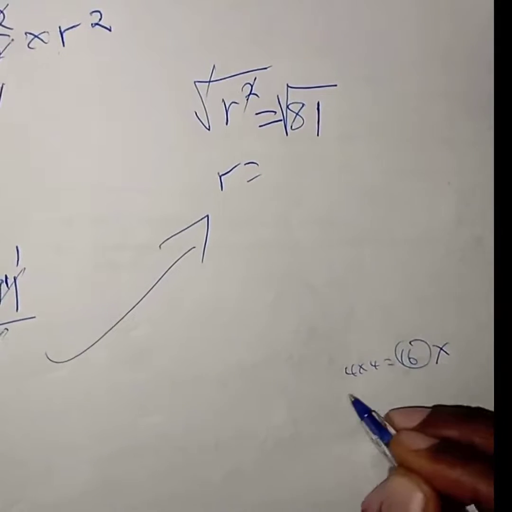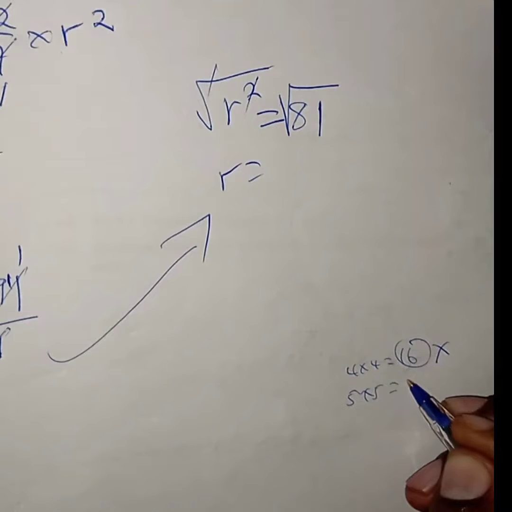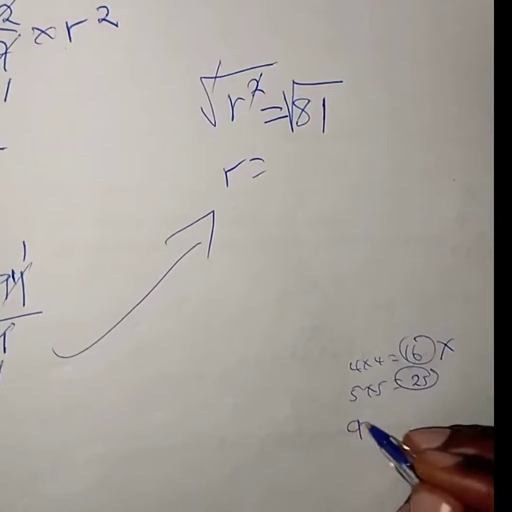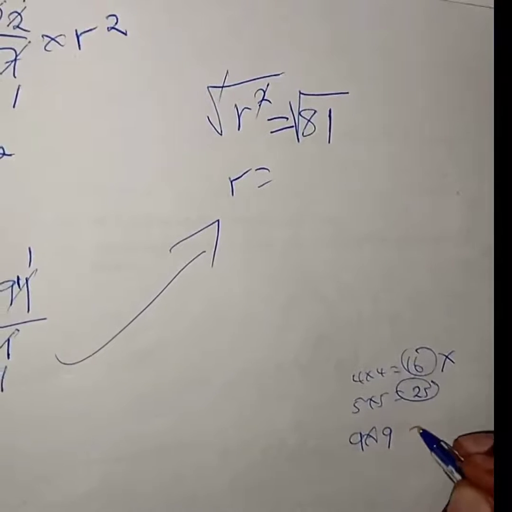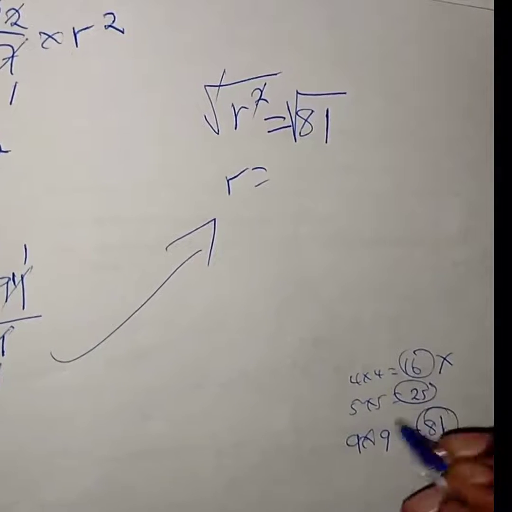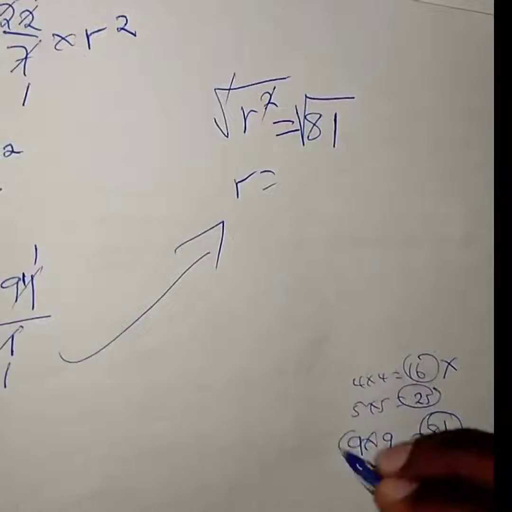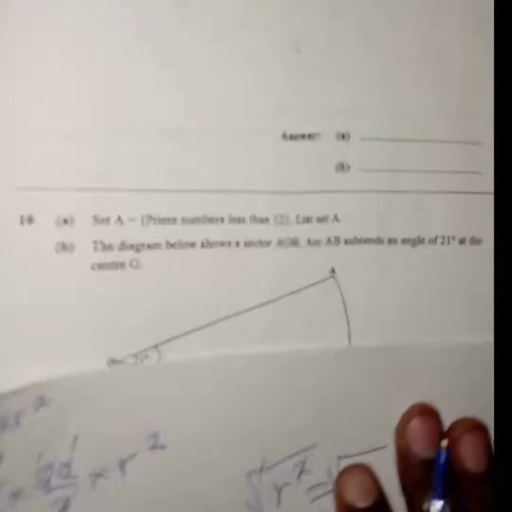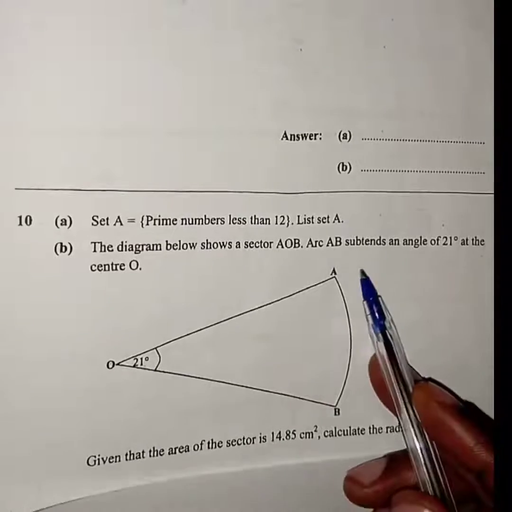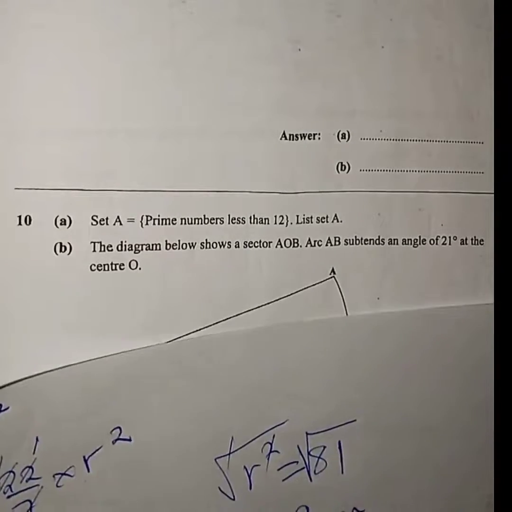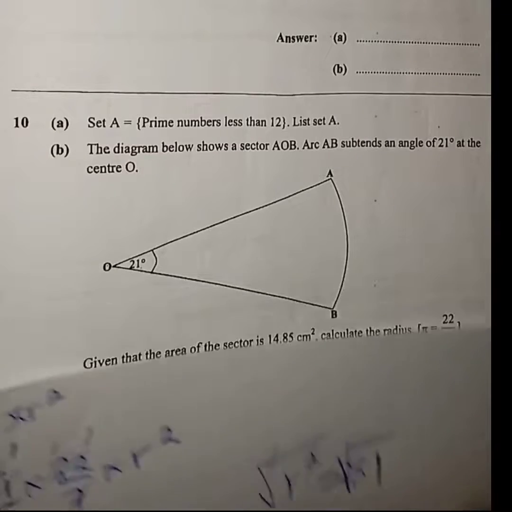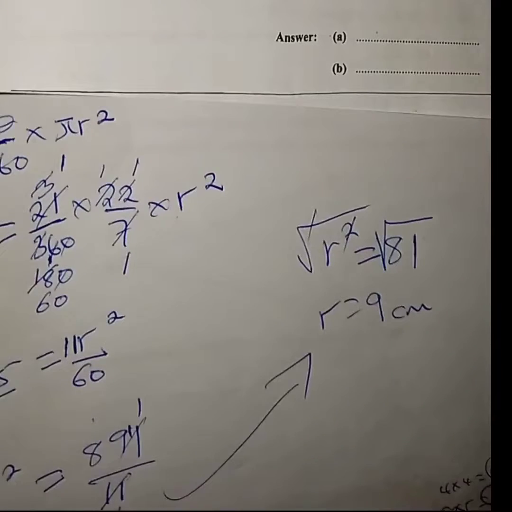No. It won't be 5 times 5, this is 25. No. It will be 9 times 9, because 9 times 9 gives you 81. So the square root of 81 is 9. It means the radius from O to A is 9 centimeters. This is what you are supposed to do.